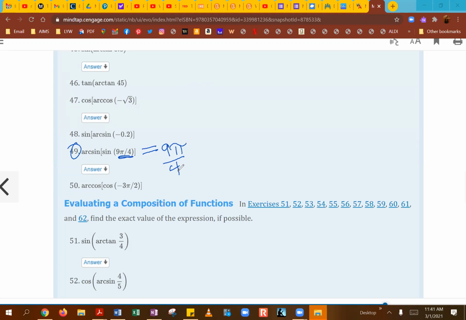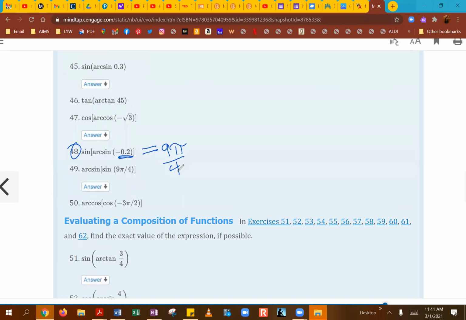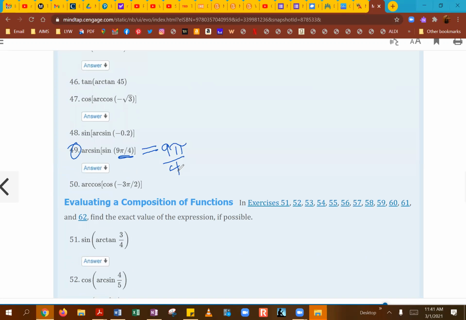If it did not fall, then you would go with impossible, I think. So since we have to stay within our values, you actually do need to simplify this. So you're kind of removing that 2 pi from it. Remember when we had talked about coterminal angles? So you will actually rewrite this guy as pi over 4.